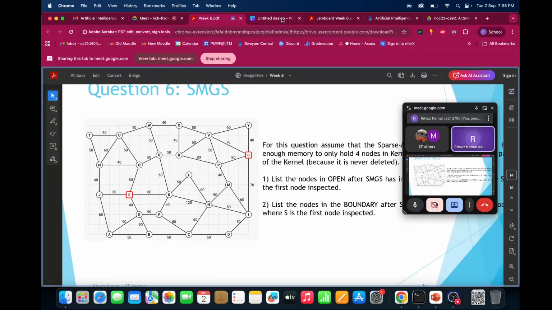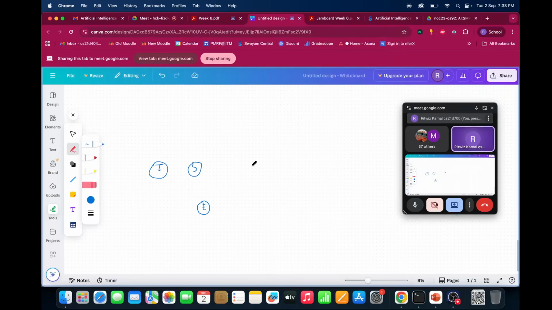Okay, moving on to the whiteboard. E, J, K was somewhere over here and then O was somewhere over here. Now let's follow a color coding. All the nodes that have been inspected, we will highlight with yellow.